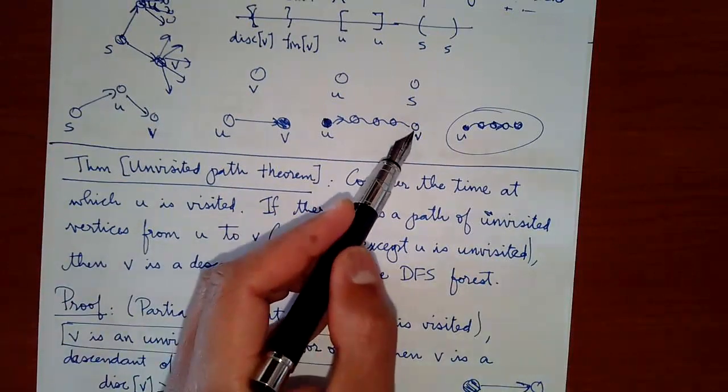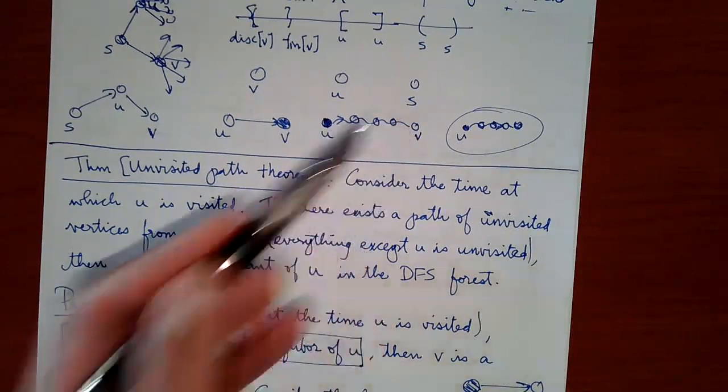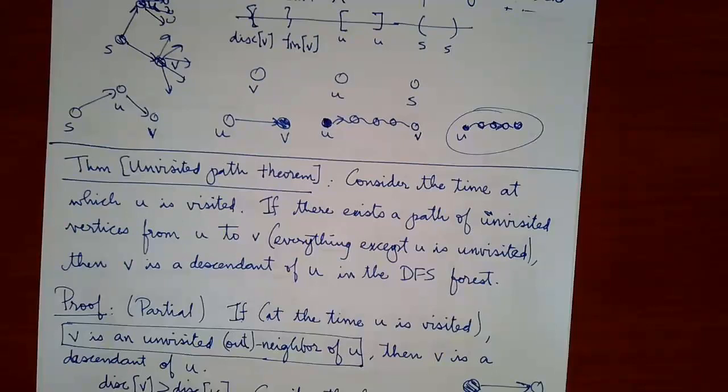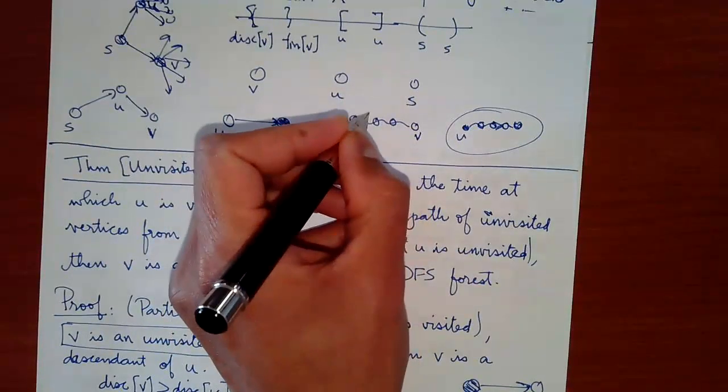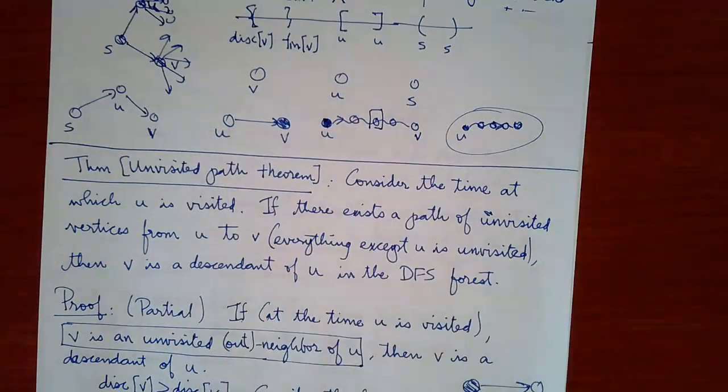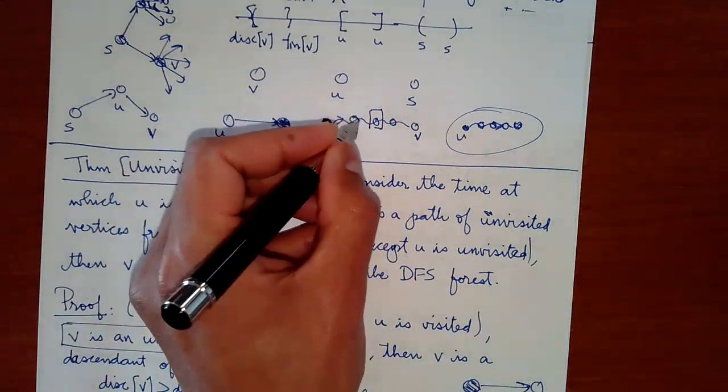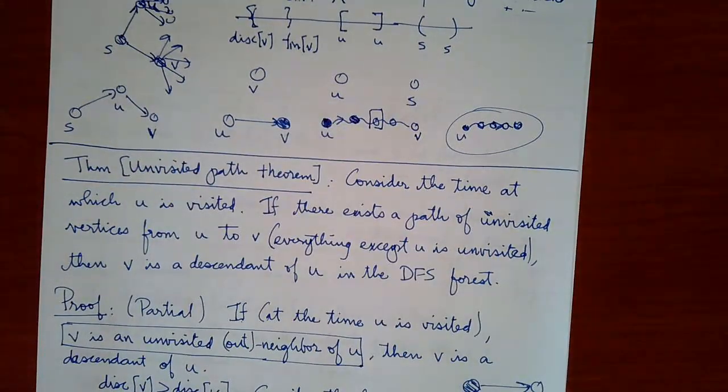So you look at the vertex which is the first non-descendant along the path. And so let's just say that first non-descendant was here. But that implies that the previous one was a descendant.